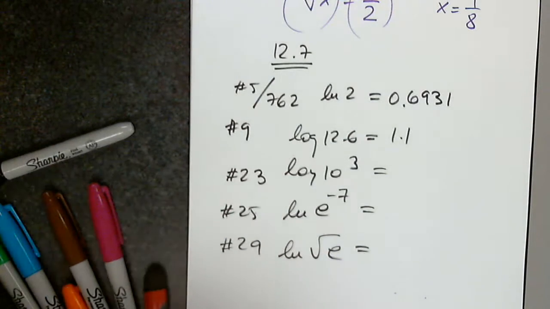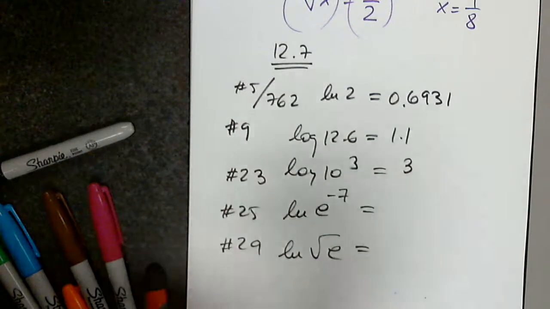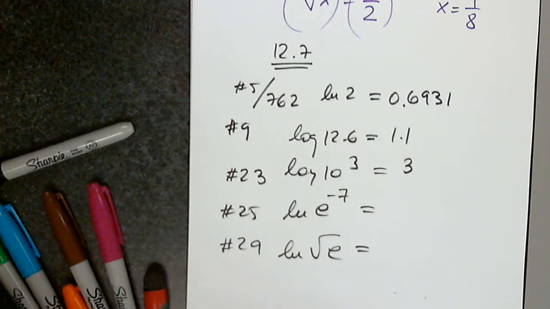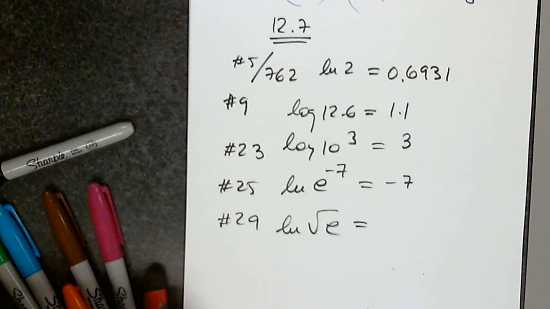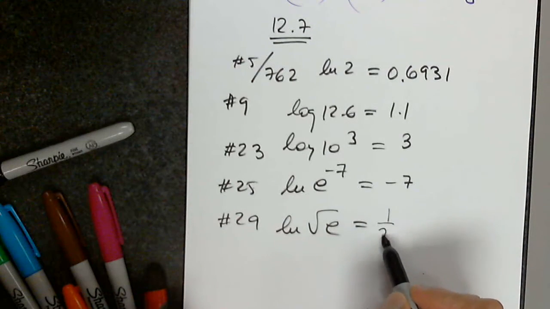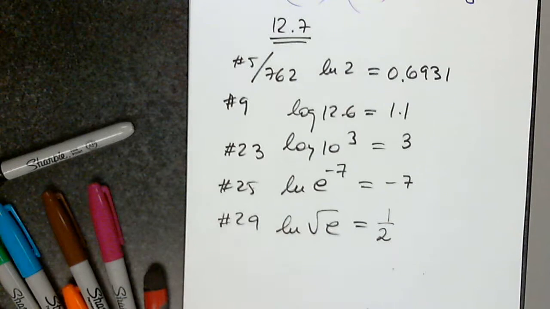How much did we get for the first one? Yes. How much do we get for the next one? Correct. And for the last one? It's correct. It's 0.5 or 1/2.